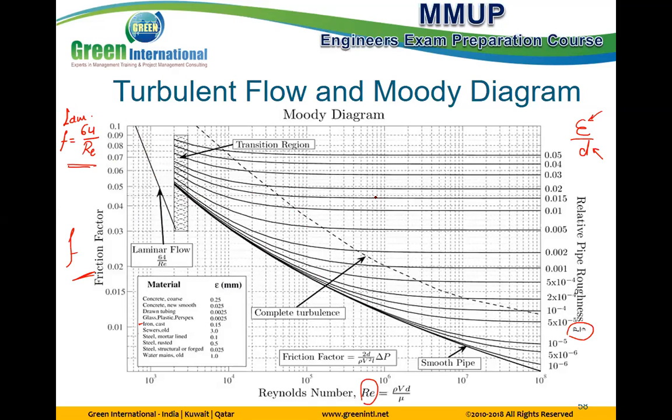Okay, this is turbulent. What is important here is this first curve. You see this line? This first curve represents the smooth pipe.